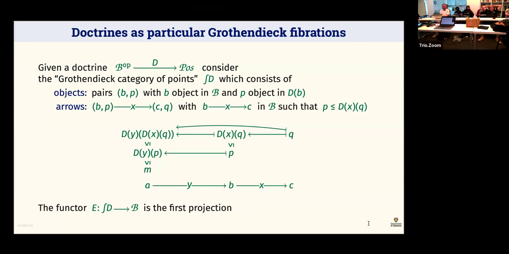To see the Grothendieck construction performed from the doctrine to obtain the category T, it goes like this. And you see in the picture for the first time that there are directions one way and the other. This is happening in the base category B, so the arrows go correctly in that way.